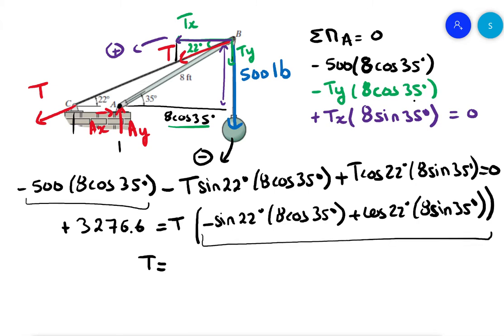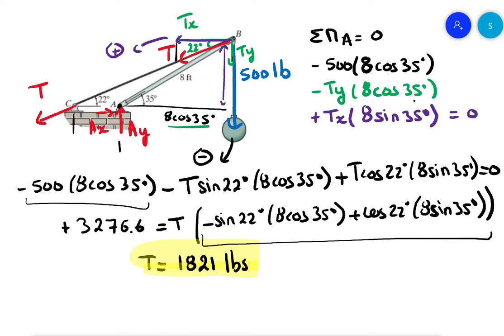Don't make a mistake with your parentheses: minus sine 22 times 8 times cosine 35, plus cosine 22 times 8 times sine 35. That's 1821 pounds. So that's the force T in the cable.